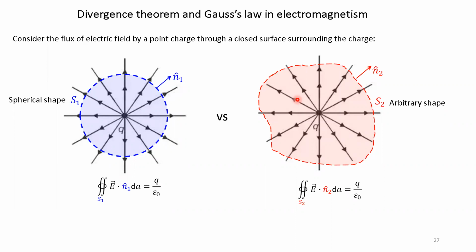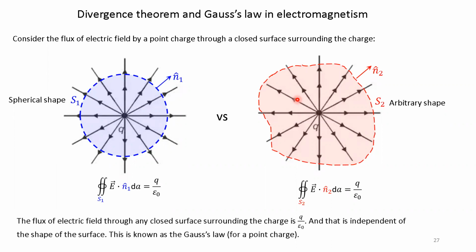What I'm trying to prove is that the flux of the electric field is independent of the shape of the surface that you choose.